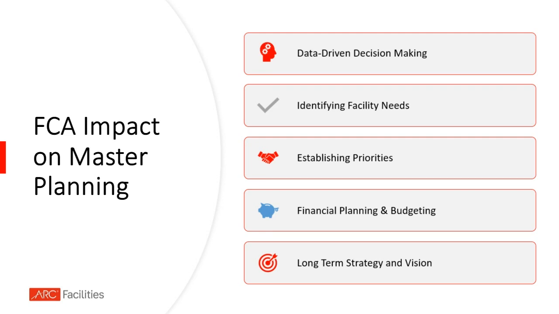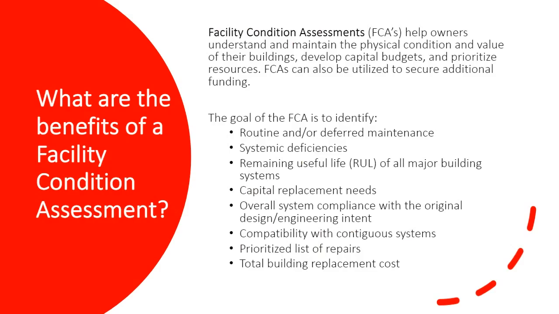But the other ways that it also impacts you is, let's look at some of the benefits that facilities condition assessments can make on your organization. And it really helps you understand where you are today. But the goal of an FCA is to really identify your routine and or deferred maintenance.